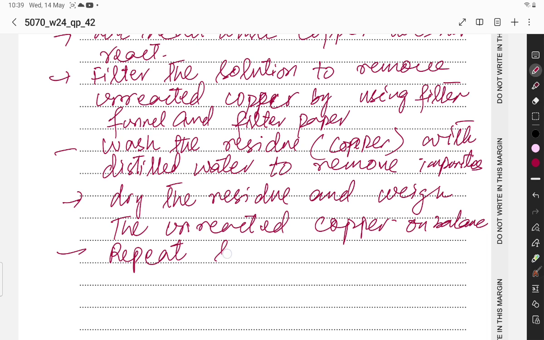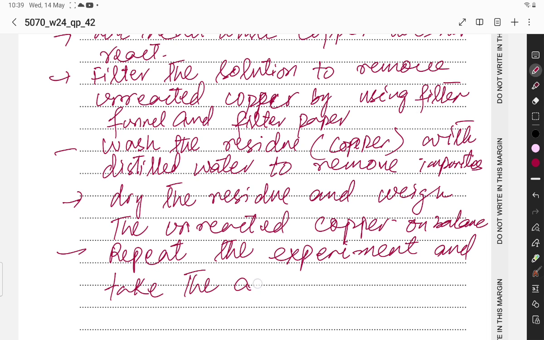Repeat the experiment and take the average mass of copper.